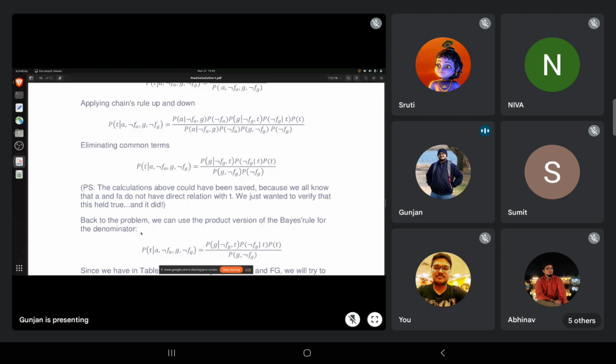Now back to the problem, we can use the product version of Bayes rule for the denominator. So it should be P of G conditioned on not FG, and P of G conditioned on not FG will be written as P of G, comma not FG, over P of not FG, and we can just write it as P of G, comma not FG.